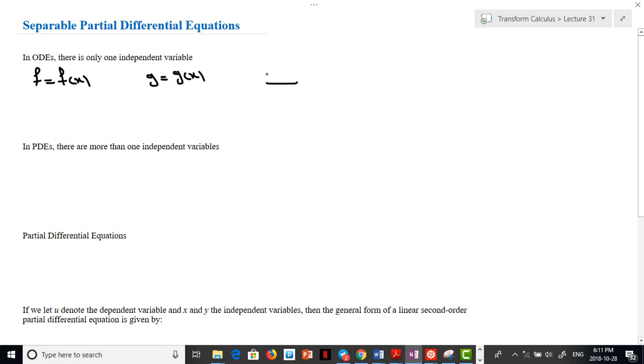For example, in the equation, the second derivative of f with respect to x plus the derivative of g with respect to x equals 0, this is an ODE because we have just one independent variable, which is x.